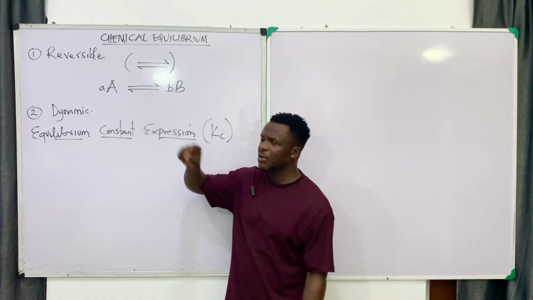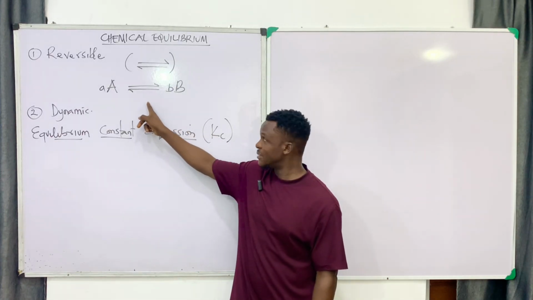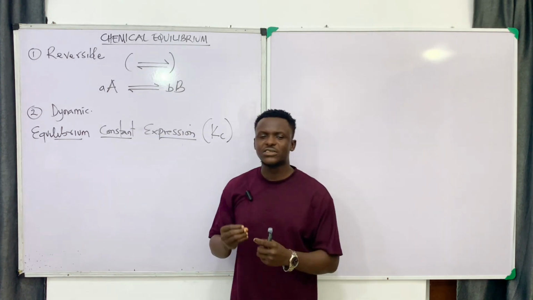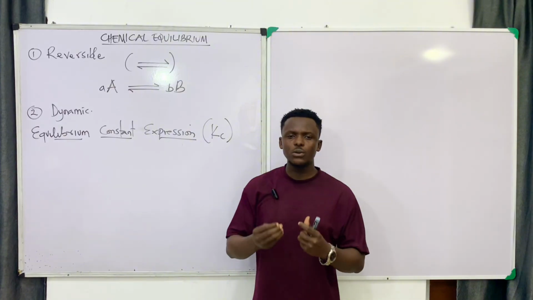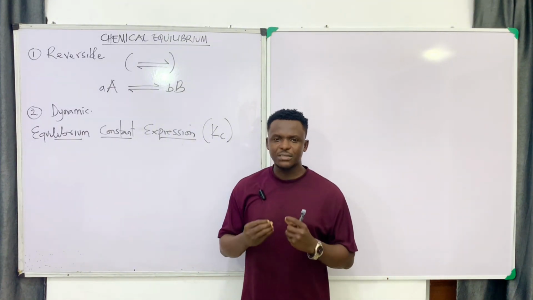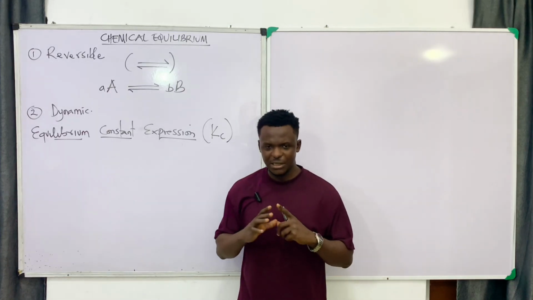Once you see a chemical reaction that has these double headed arrows, it simply means that reaction is in equilibrium. And once a reaction is in equilibrium, there is bound to be an equilibrium constant.